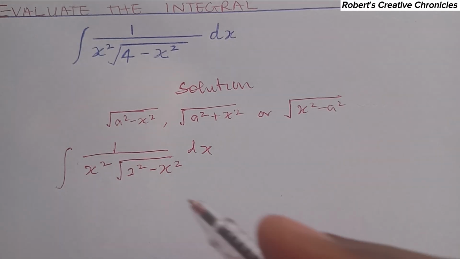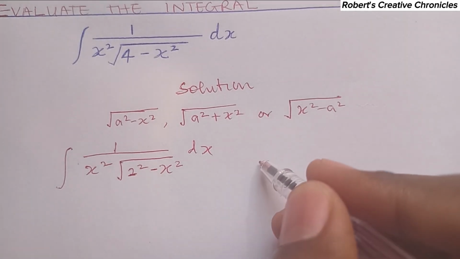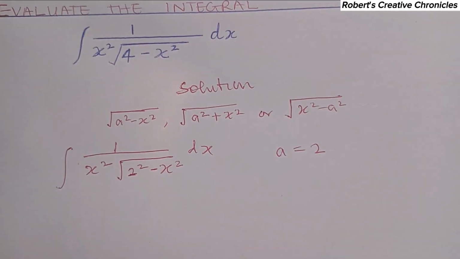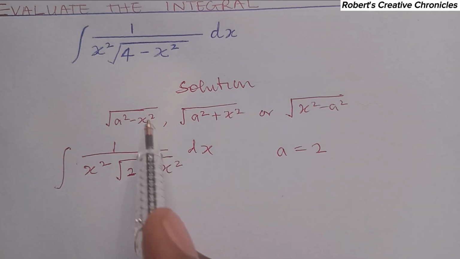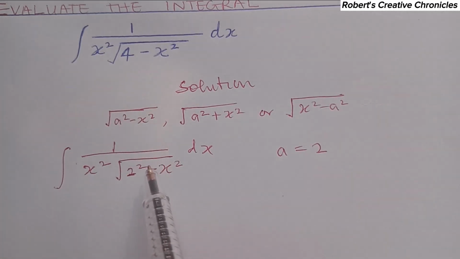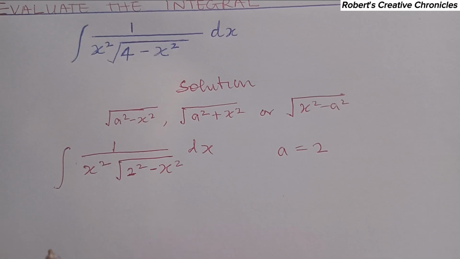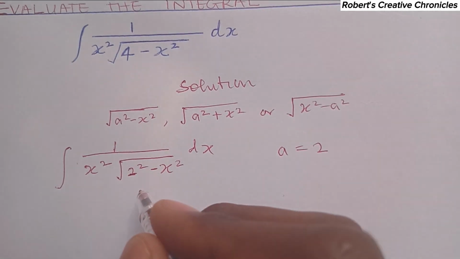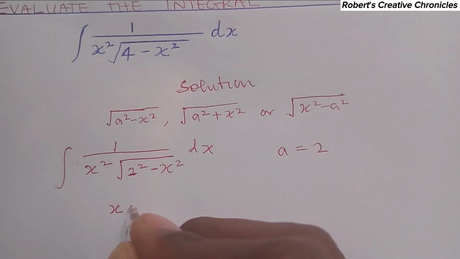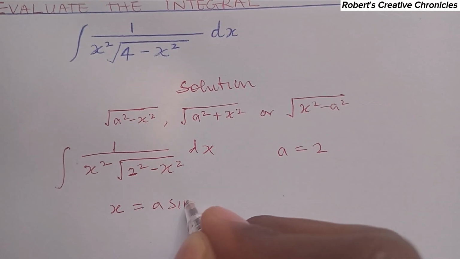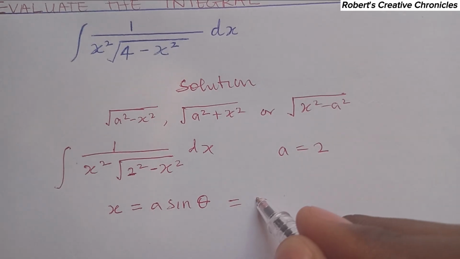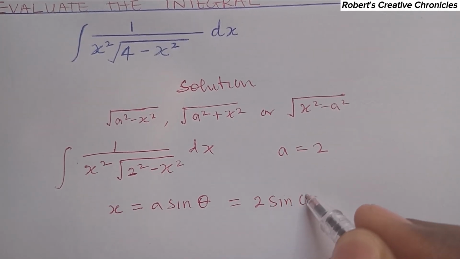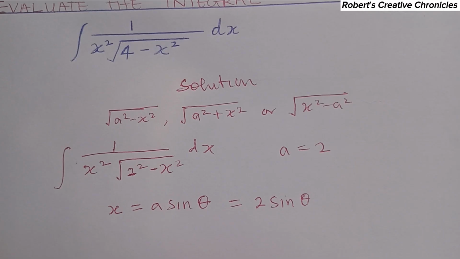From here, a is equal to 2. This is a squared, 2 squared, minus x squared. Now the substitution for root of a squared minus x squared, according to trigonometric substitution, is: let x equal a sine theta, and since a is 2, x will be equal to 2 sine theta.